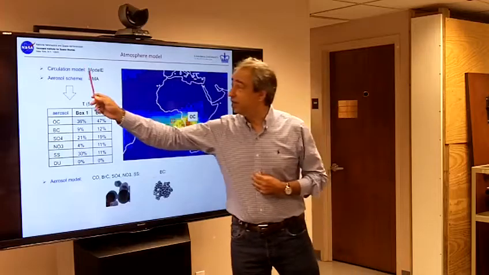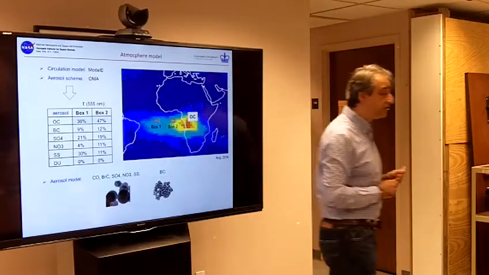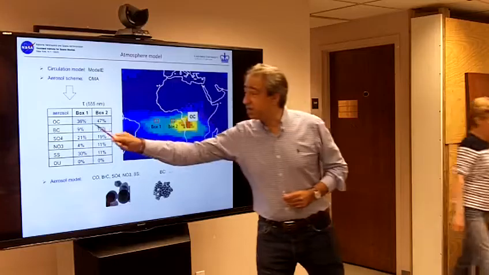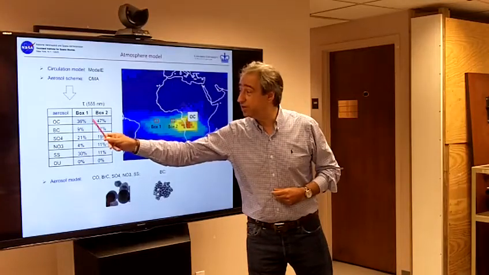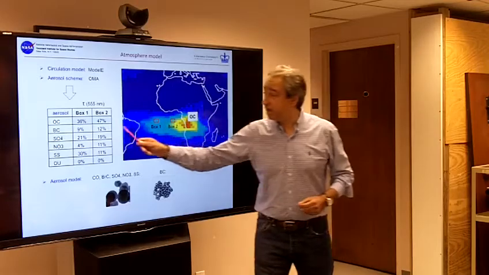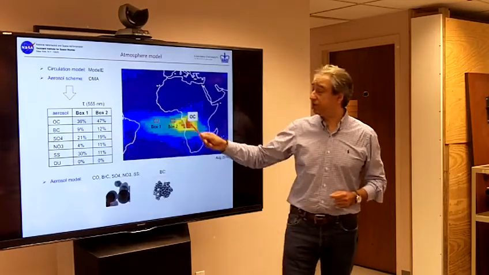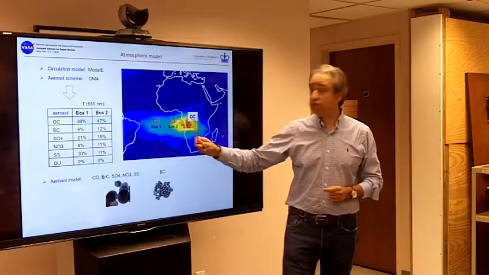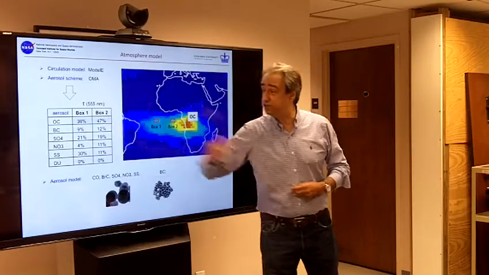And the ModelE coupled with the OMA scheme is telling us that organic carbon contributes 36% to the total optical thickness in box 1 and 47% to the total optical thickness of box 2. So that is what I'm using for my simulations, at least for organic carbon.